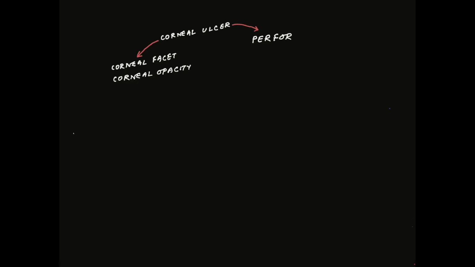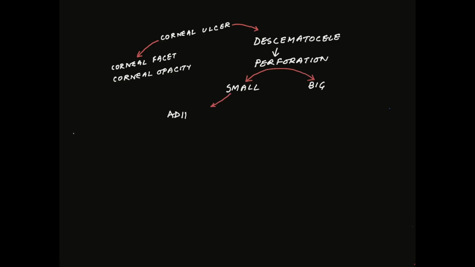If there is corneal perforation, a descemetocele will first form, then it will go for perforation. Then if the perforation is a small one, there will be adherent leucoma if the perforation is towards the periphery of the cornea, or it may go for a corneal fistula if it is in the center.